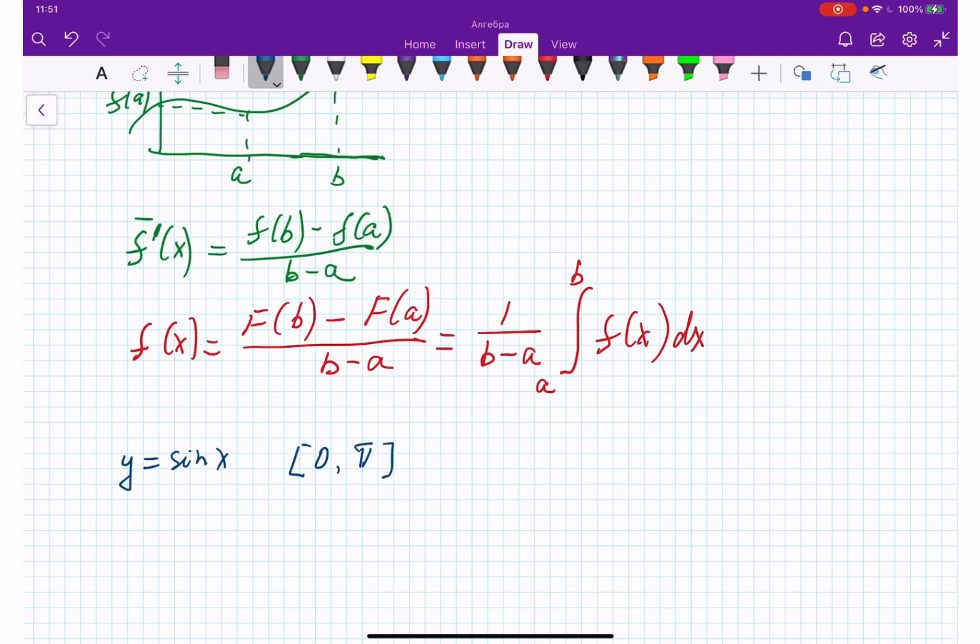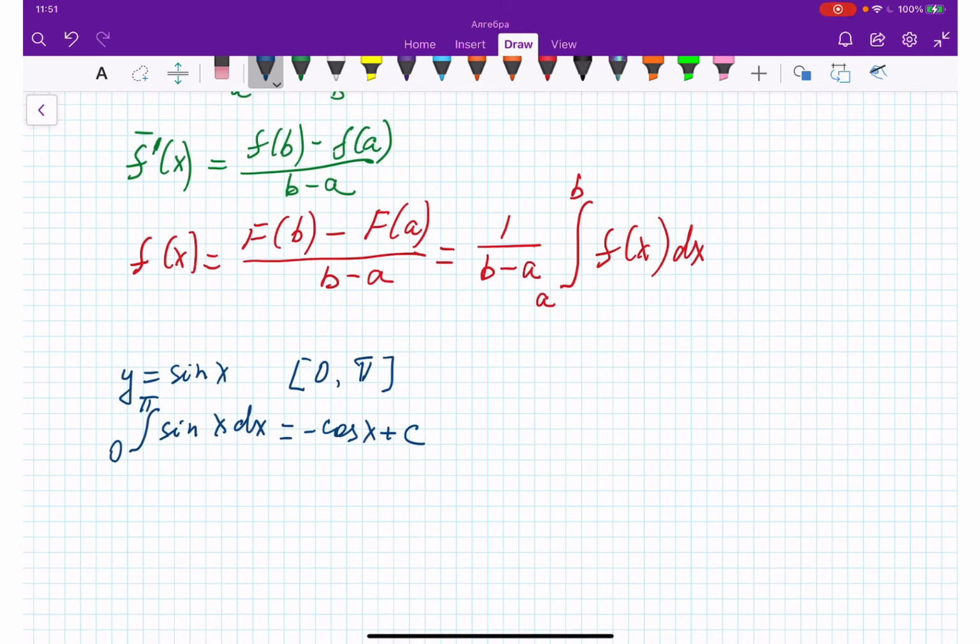Okay? So we know that integral of sine x dx from 0 to pi is equal negative cosine x plus c, right?